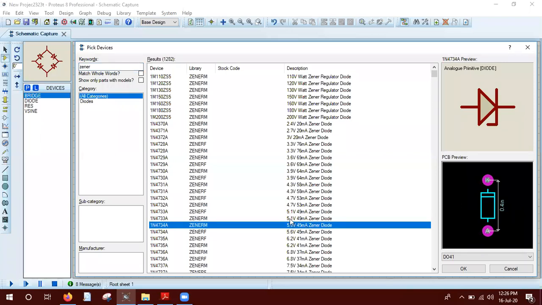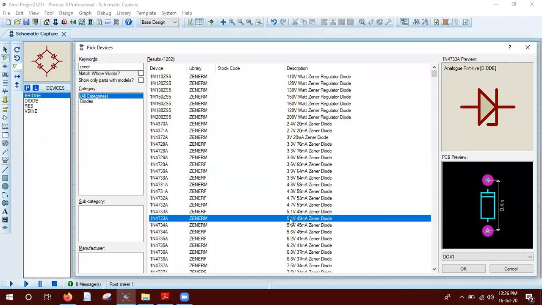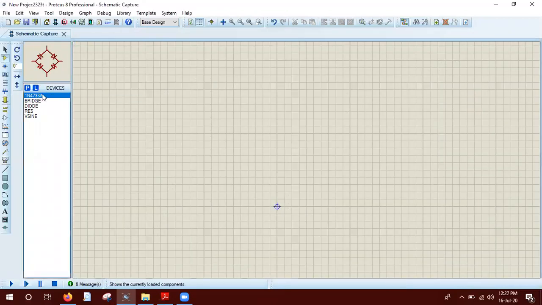So let's take 5.1, 49 milliampere Zener diode. So it means that once you give the reverse voltage of 5.1, it will enter the Zener region, and the maximum current it can withstand will be 49 milliampere. Okay. So first of all, let's see how the Zener diode operates.